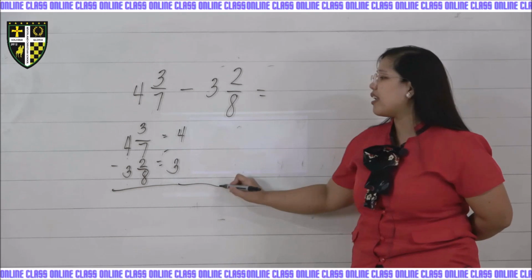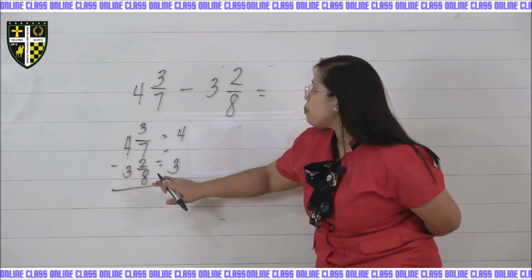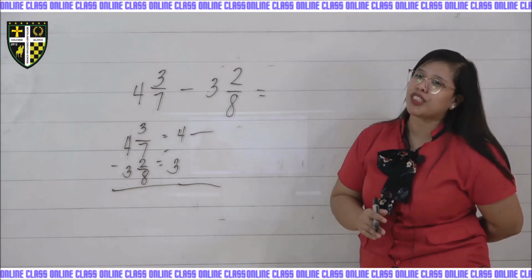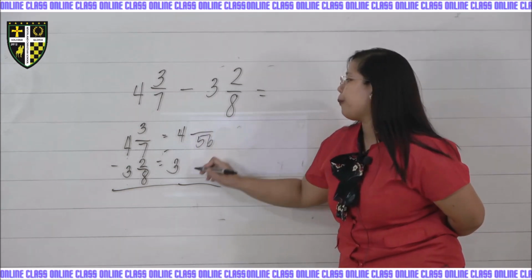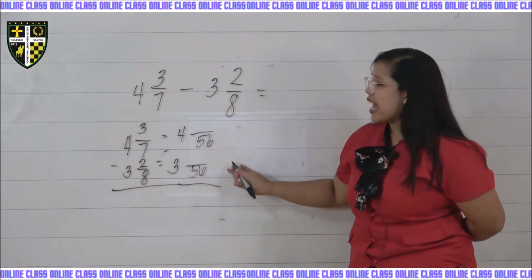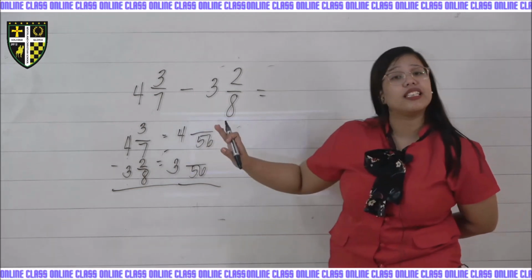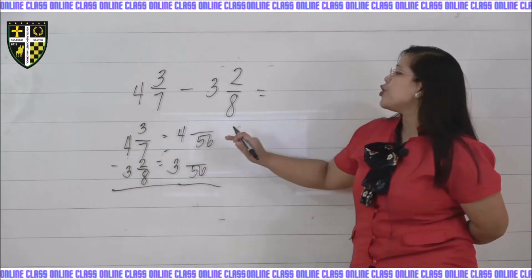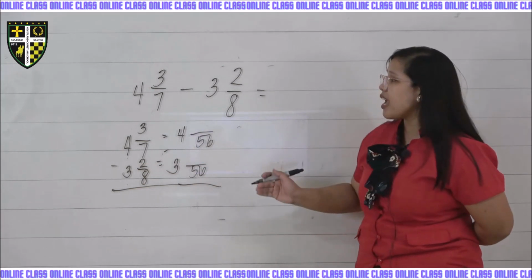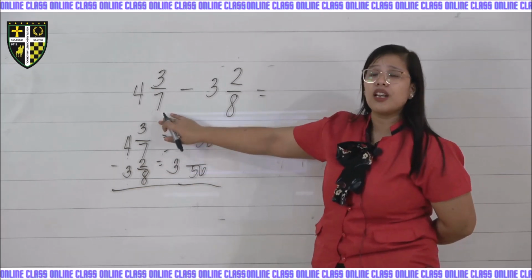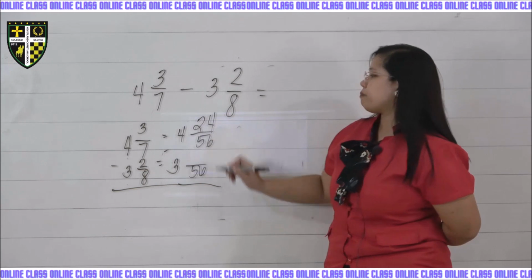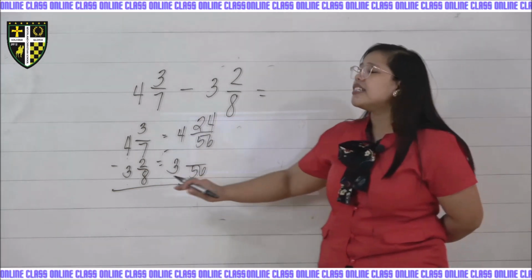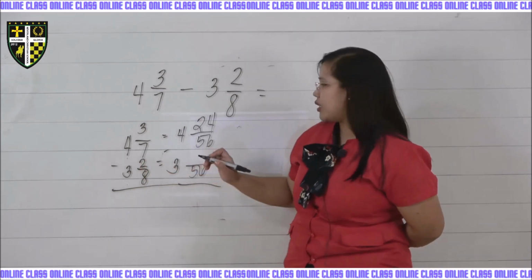And next we will proceed to their least common multiple, which is 56. So now we will divide 56 by their denominator, and then multiply the answer by their numerator. So 56 divided by 7, we have 8, and 8 times 3 is 24. So 56 divided by 8, we have 7, and 7 times 2 is 14.